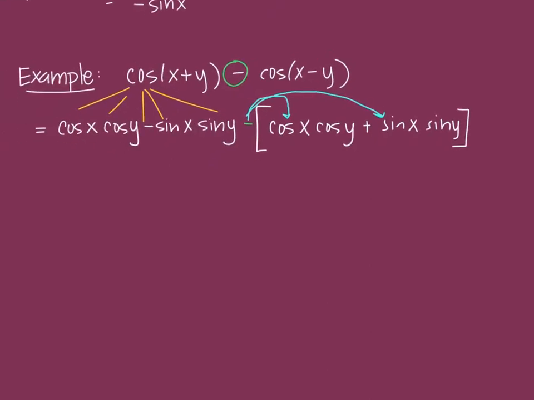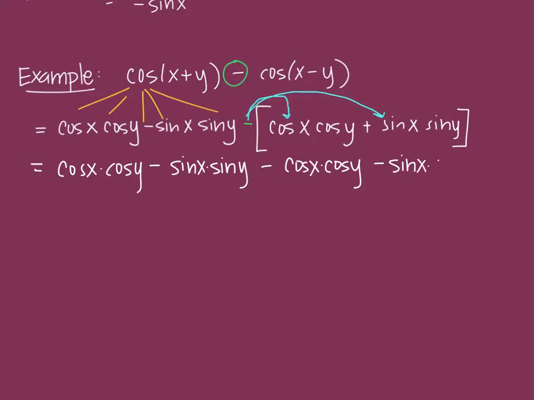So overall, we are left with cosine x times cosine y minus sine x times sine y minus cosine x times cosine y minus sine x times sine y. So the only distributing was that little bit. Now we look at what we've got.